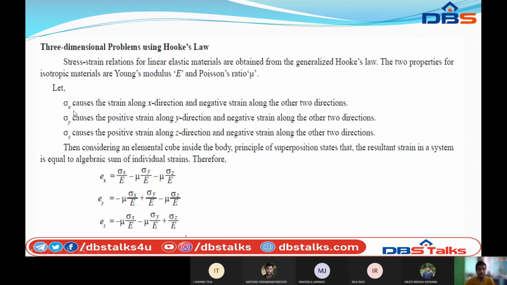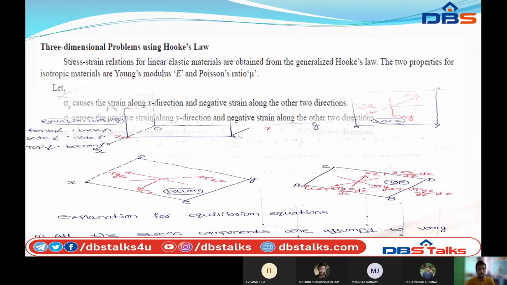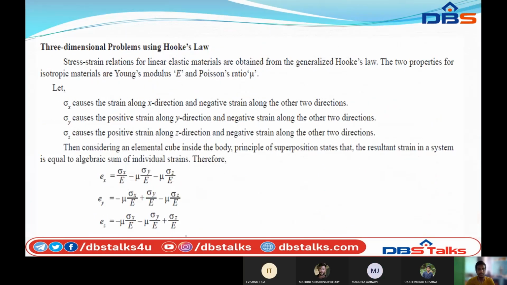In this, I am taking sigma x, sigma y, sigma z, and positive strains and negative strains. First of all, I am considering elemental cube. In the previous slide, I showed the elemental cube, or equilibrium body, in three-dimensional space. The principle of superposition states that the strain is the sum of the individual stresses' strains.